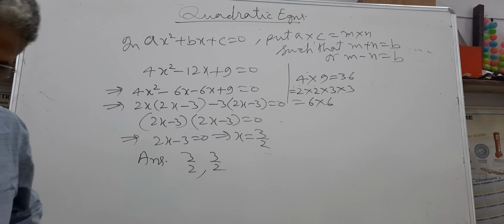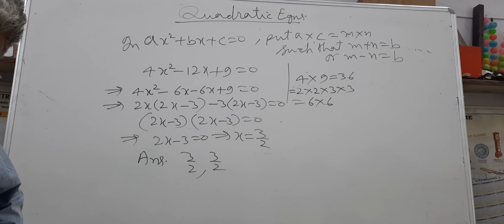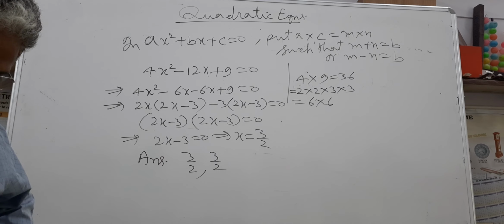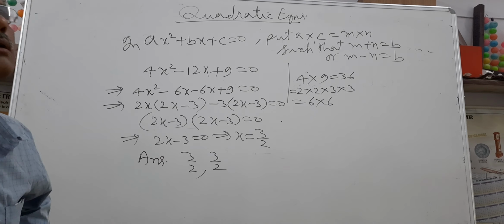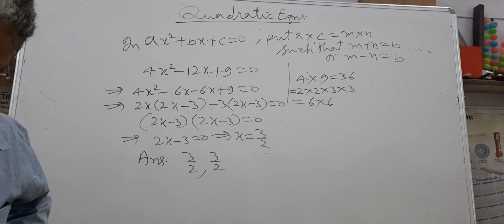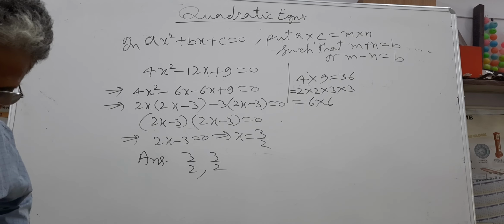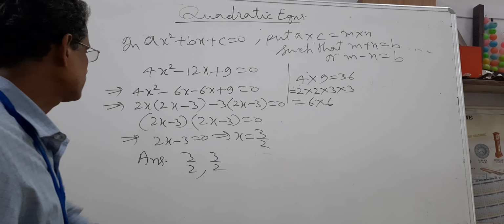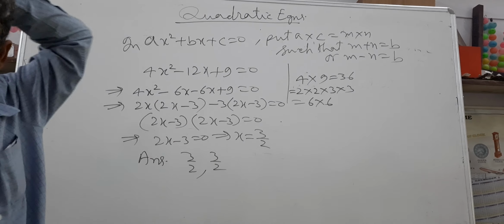Every quadratic equation always has two roots, equal or unequal, real or complex. Therefore, you will write the answer as 3 by 2, 3 by 2, repeated roots.